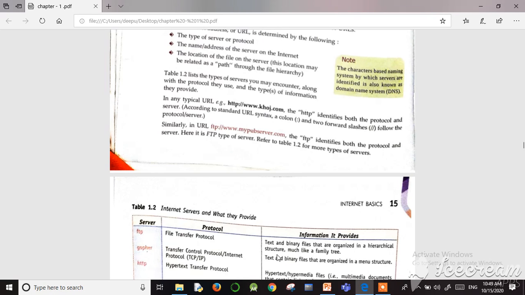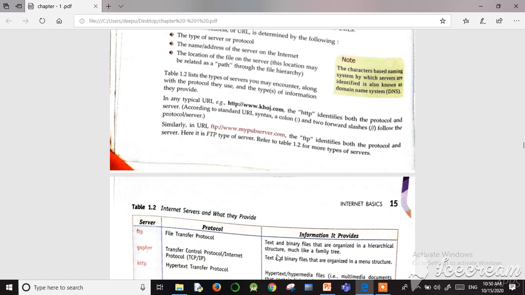If we wanted to go to Facebook, we needed to type some numbers like 192.68.68.11. It is very difficult to remember the IP address of a server. To avoid that, we convert the IP address to a name, which is called the domain name system.